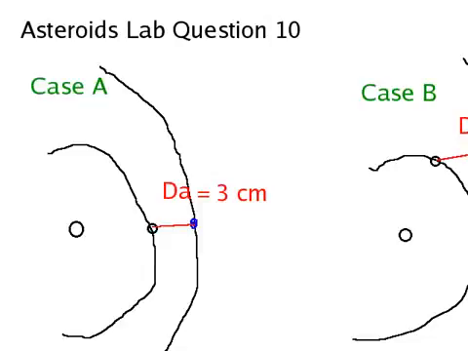So that means the asteroid is 2.45 times brighter in case A than in case B. I'm just going to write that in here: 2.4 times brighter in A.